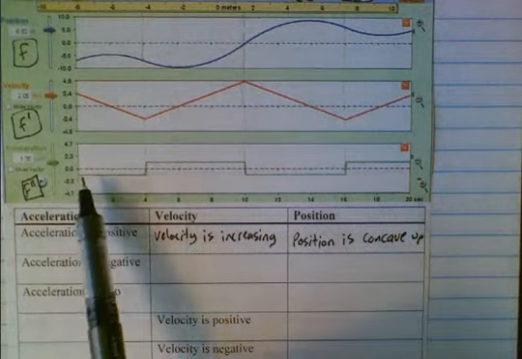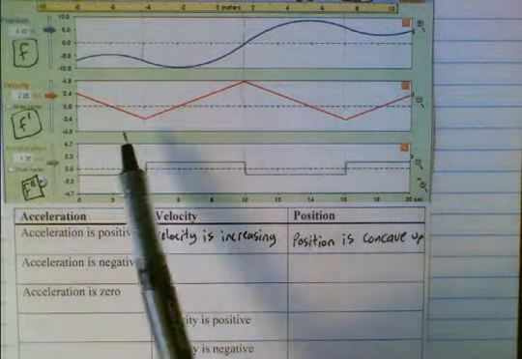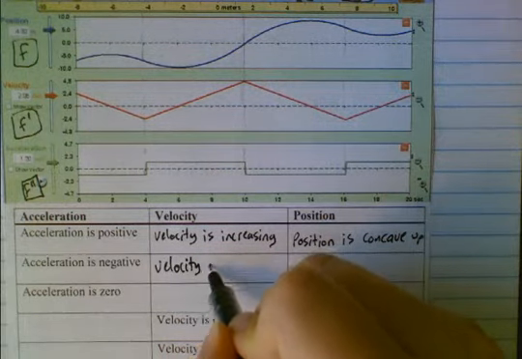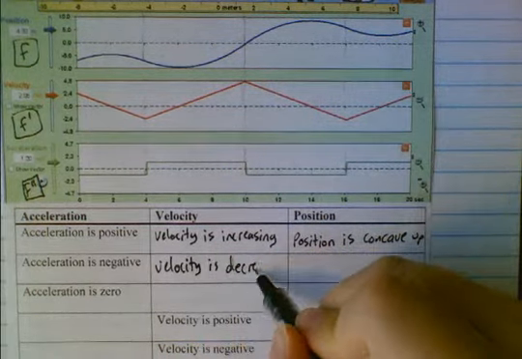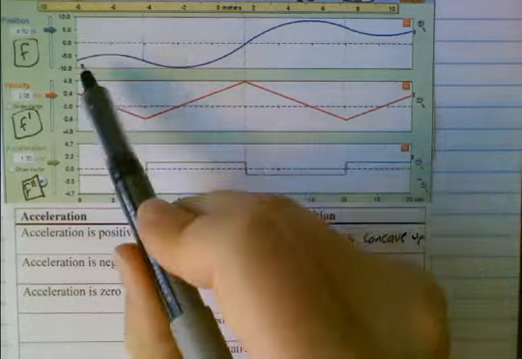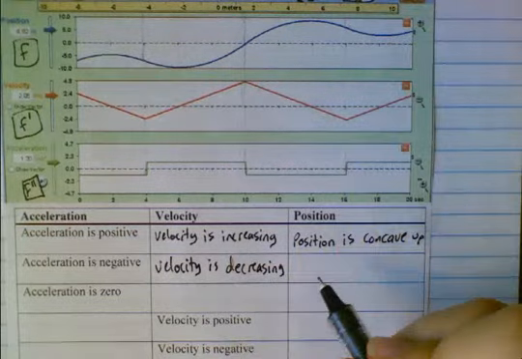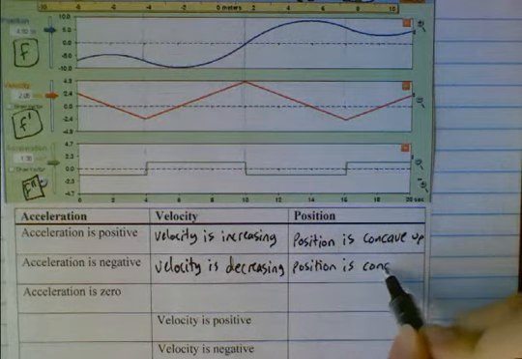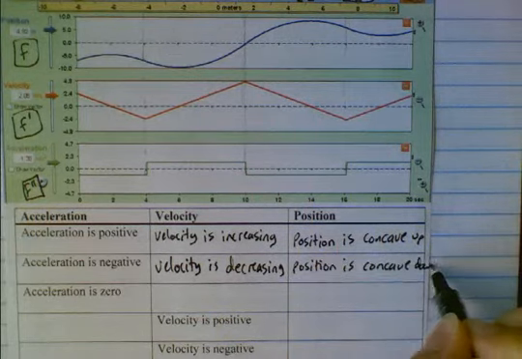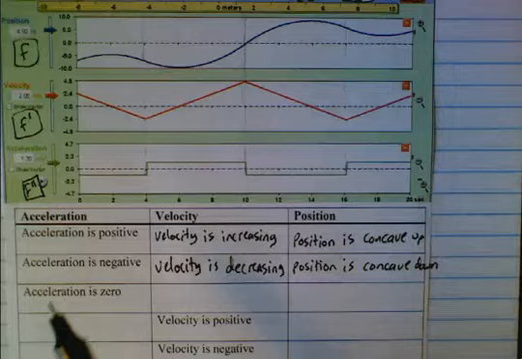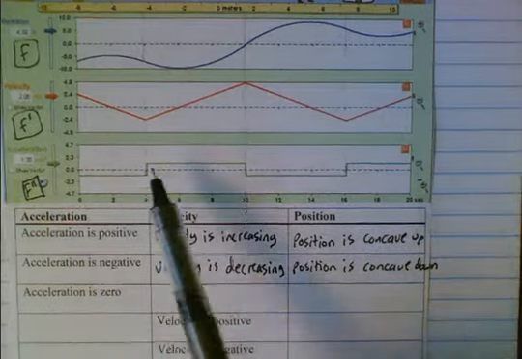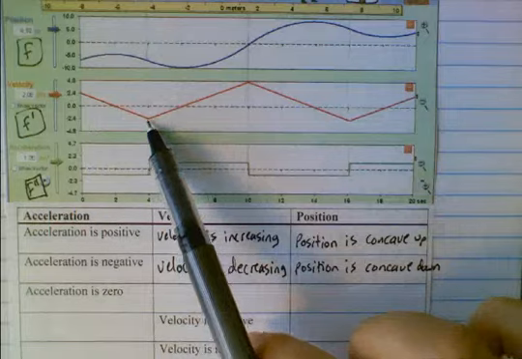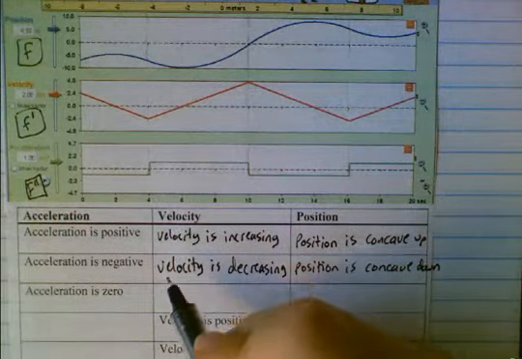Looking at when acceleration is negative, notice velocity is decreasing both times. And position is concave down both times. When the acceleration is 0, so right at these points, velocity has either a minimum or a maximum.